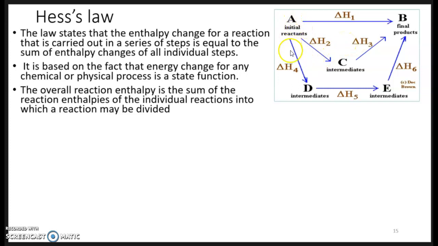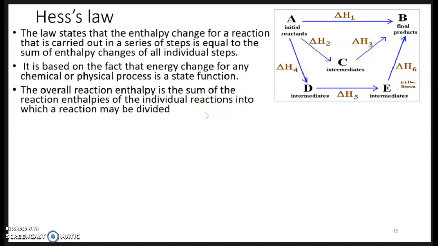And it can also go from A to D, D to E, and E to B. A to D, the enthalpy change is delta H4, D to E is delta H5, and the enthalpy change for E to B is delta H6. So C, D, and E are intermediates that are finally converted to the product of the reaction.